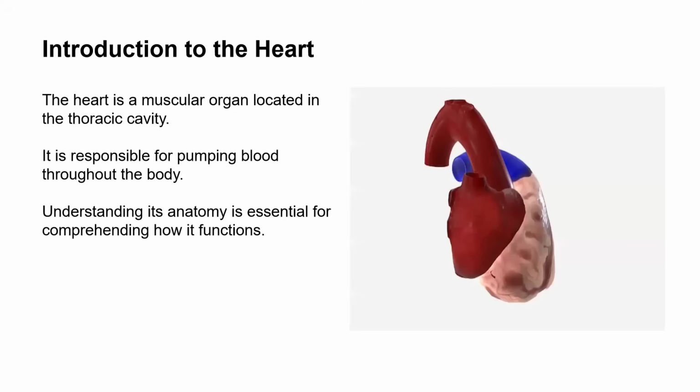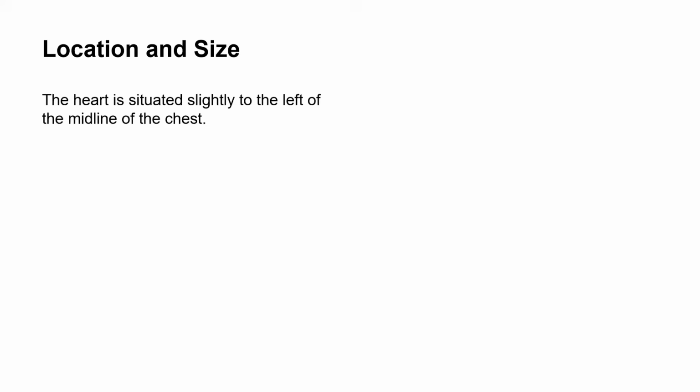So this is the structure of the heart, as we can see. So now, where is the location and size of the heart? Where do we have the heart and what is the size of the heart? So the heart is situated slightly to the left of the middle of the chest. So if you really want to see your heart, you check the left of the midline. So we usually check the left part of our chest.